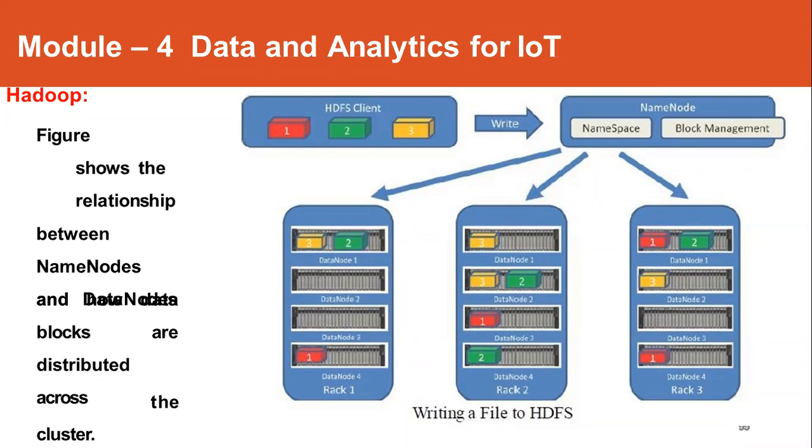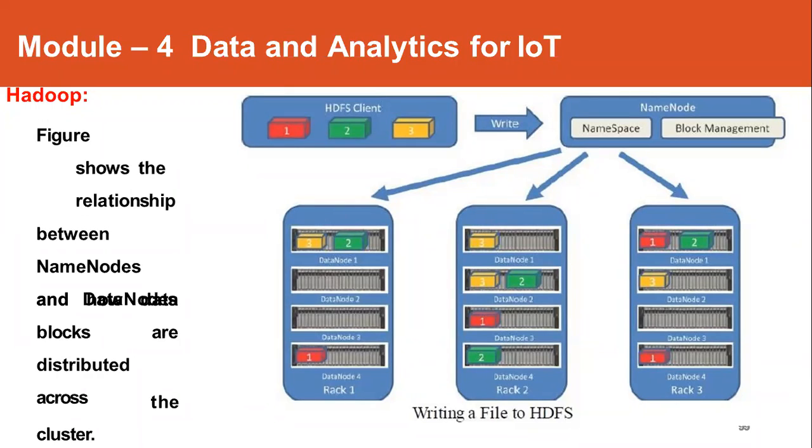In rack 1, block 1 is present at node 4 and blocks 2 and 3 are present in data node 1. Whereas in rack 2, block 1 is present in node 3, whereas block 2 is present in node 4 and node 2. So if you can observe here, each block of data is replicated.